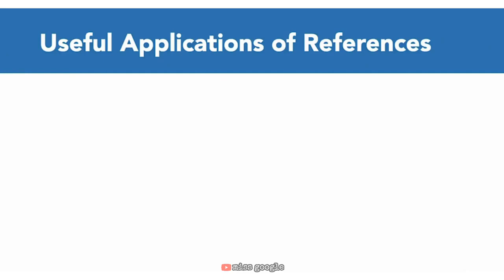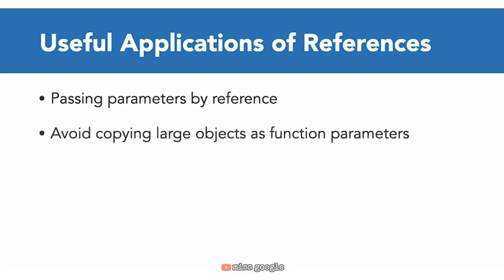So far, references don't seem very useful because having another name for a variable doesn't really solve a problem. So here we have some useful applications of references. First, when you write a function, all parameters are passed by value by default. But you may also pass parameters by reference. Among other things, this means that you may modify the variable that was sent as an argument within your function. With references, you may avoid copying large objects which may contain large amounts of data.